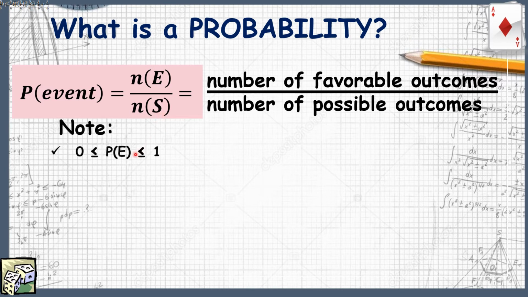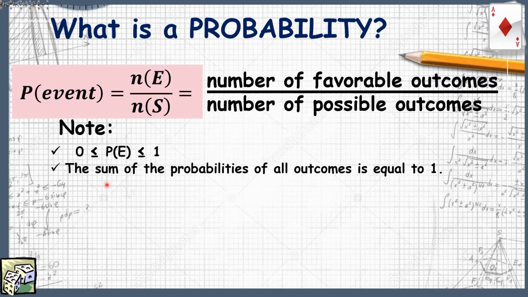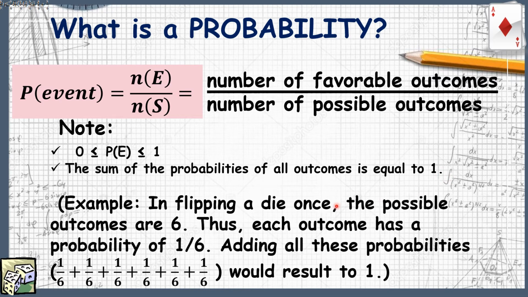Pero take note, pag sinabi nating probability of an event, ang possible answer lang is greater than or equal to 0 but less than or equal to 1. So, ang answer lang natin ay simula sa 0 hanggang 1. Another, the sum of the probabilities of all outcomes is equal to 1. So, ibig sabihin, let's say, in rolling a die once, the possible outcomes are 6, diba? 1, 2, 3, 4, 5, 6. Thus, each outcome has a probability of 1 over 6.